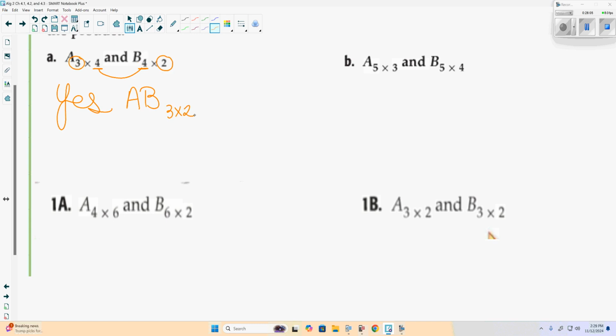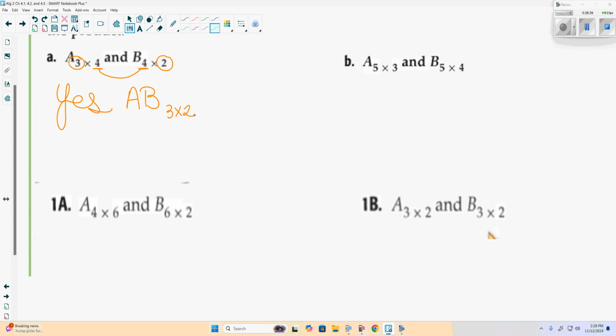So our new dimensions for this multiplication is going to be a 3 by 2. And that's it. So when we're looking for our new matrix, it should be one that has 3 rows and 2 columns. Questions on this here?